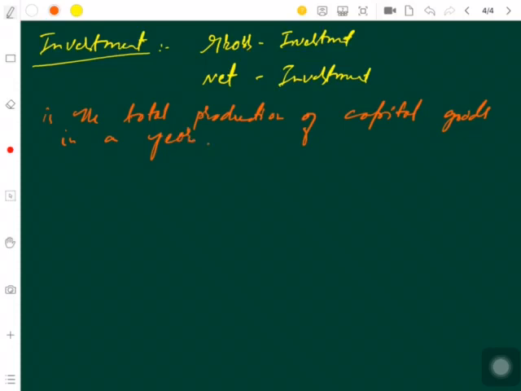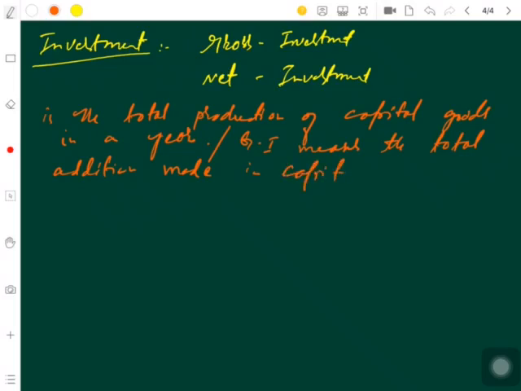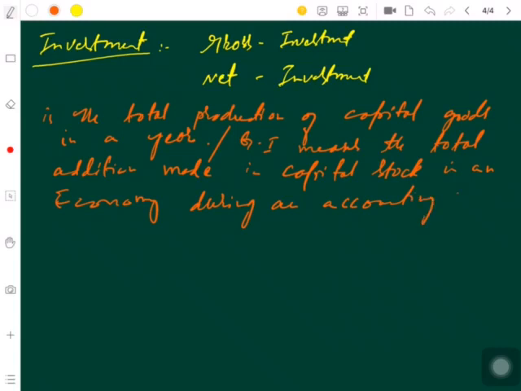Or in other words, we can say gross investment means the total addition made in capital stock in an economy during an accounting year.